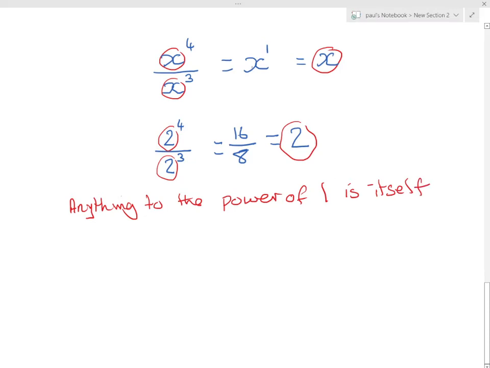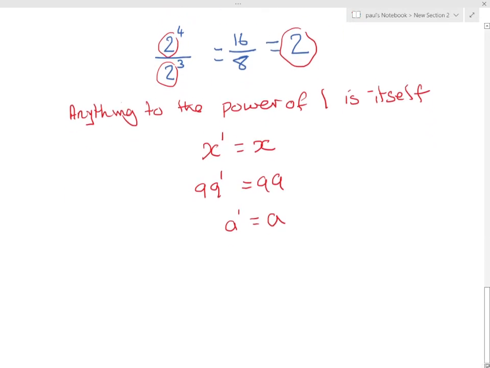We never really write the 1. x to the 1 equals x, 99 to the 1 equals 99, a to the 1 equals a, and so on and so forth. So they just equal itself. So when you're taking away the indices, if there is a 1, make sure you take note of it.